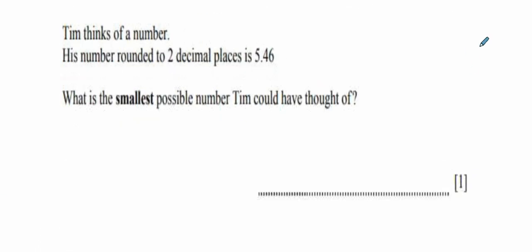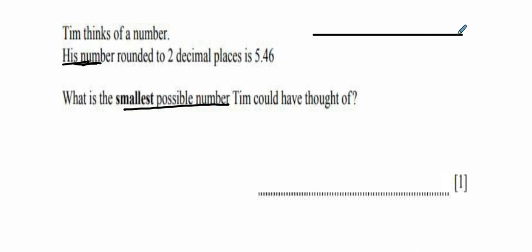Another question is, Tim thinks of a number. His number rounded to 2 decimal places is 5.46. His number, the number which you don't know, when rounded to 2 decimal places is 5.46. What is the smallest possible number Tim could have thought of? All right, let me try to draw a number line over here.